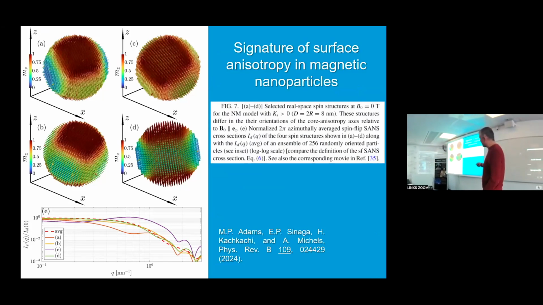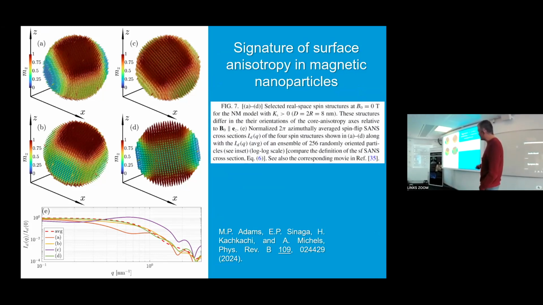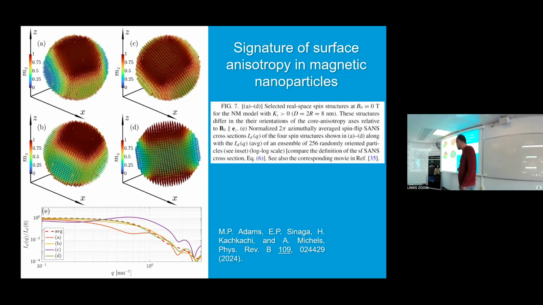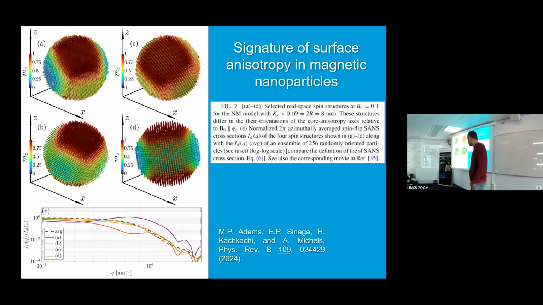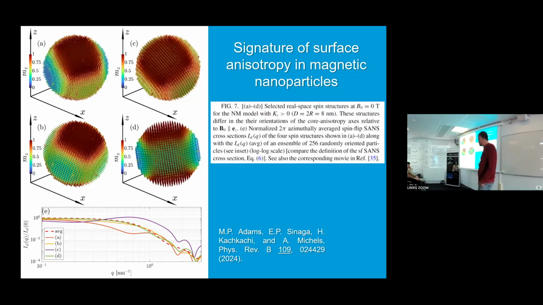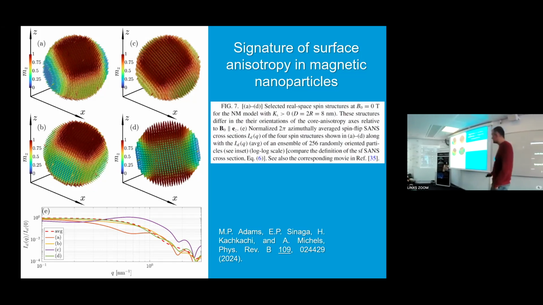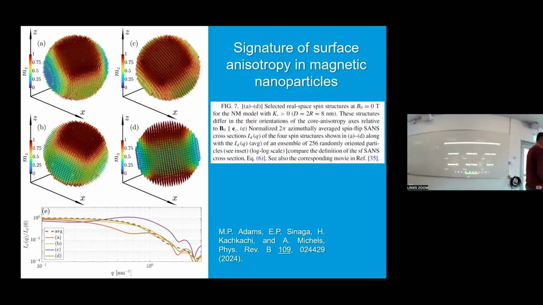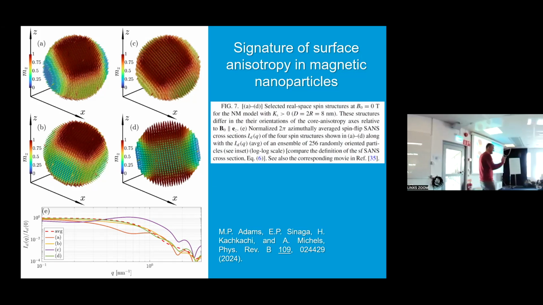The particles all have the same size, and then we calculated from each of these individual particles the radially averaged cross section, and you see they all have different cross sections, with features or oscillations. But when you average them, all these features, these oscillations, are getting washed out. Thank you very much for your attention.